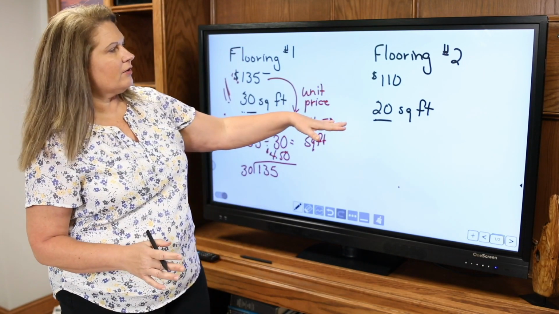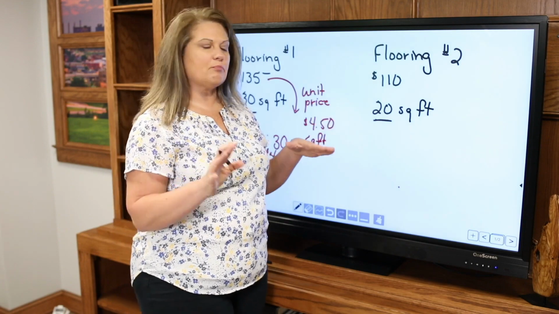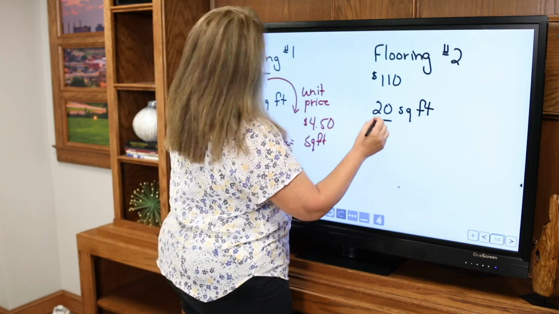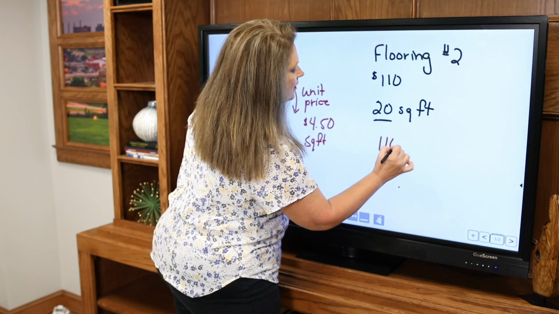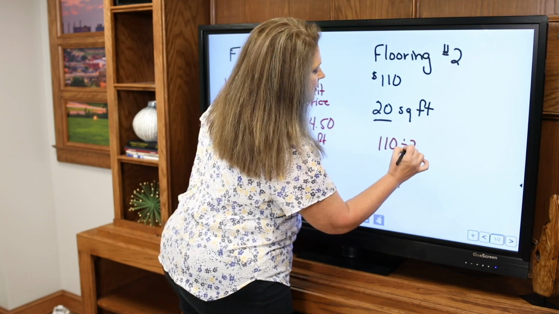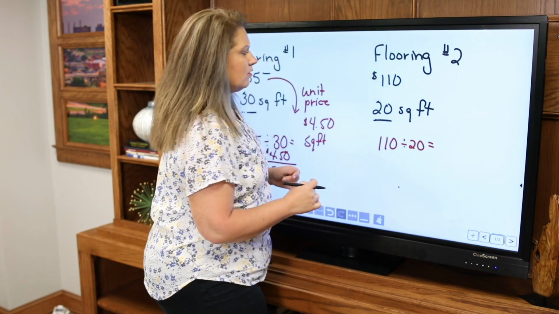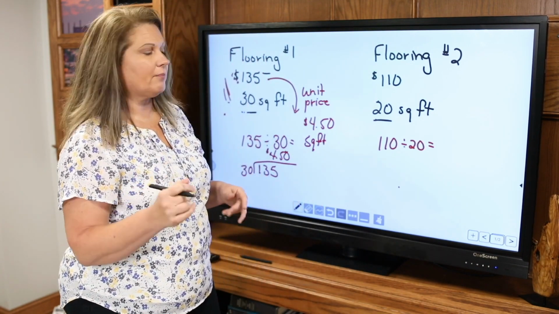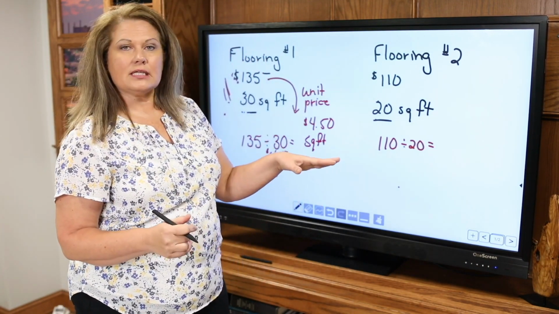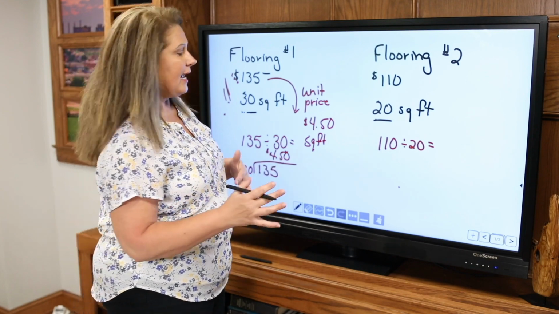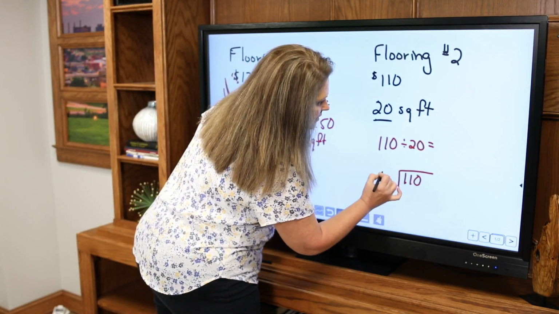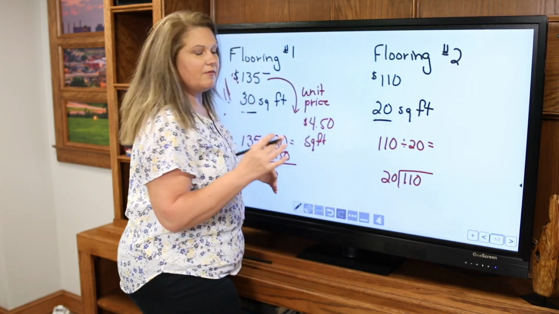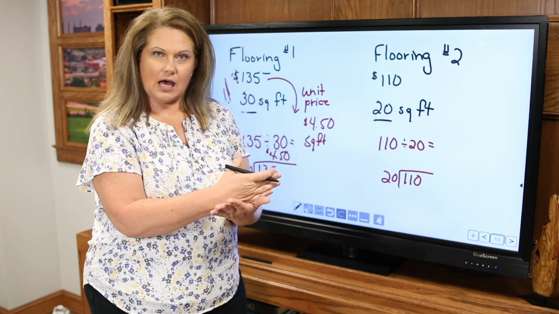Now if we come over here to flooring number 2, we're going to do the same process. If you're using a calculator, you're going to type in 110 divided by 30, or I'm sorry, 20 for flooring number 2. And that's going to give you your unit rate. If you're doing it by hand, remember to set it up like this. Your 20 is going to be your divisor. It's going to go on the outside.